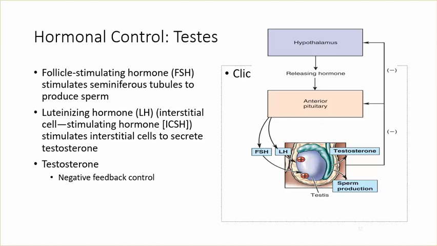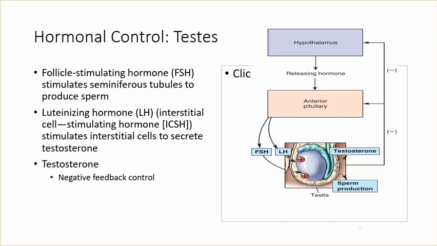So when the testosterone is released, the testosterone also stimulates sperm production, but the testosterone has a negative feedback on the hypothalamus, so there's less releasing hormone released, and it has a negative feedback on the anterior pituitary, and it blocks the release of FSH and LH.